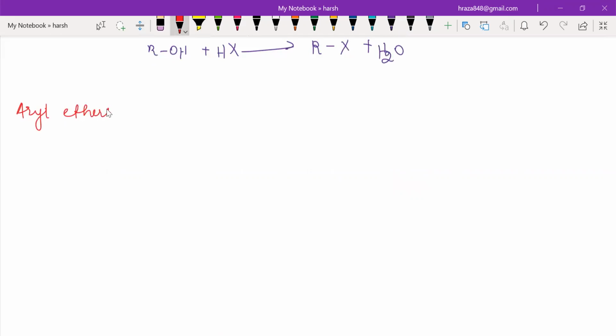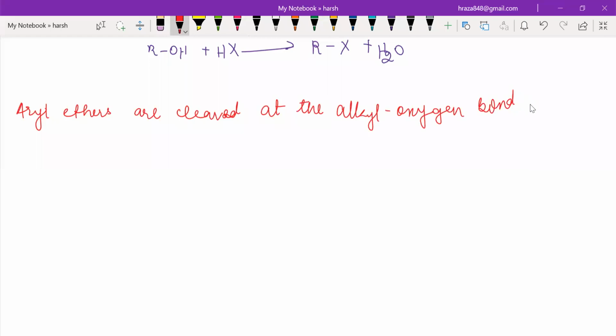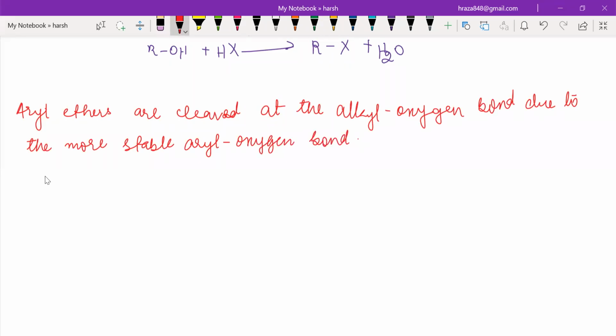Aryl ethers are cleaved at the alkyl oxygen bond due to the more stable aryl oxygen bond, because there will be resonance. That's why it is more stable.